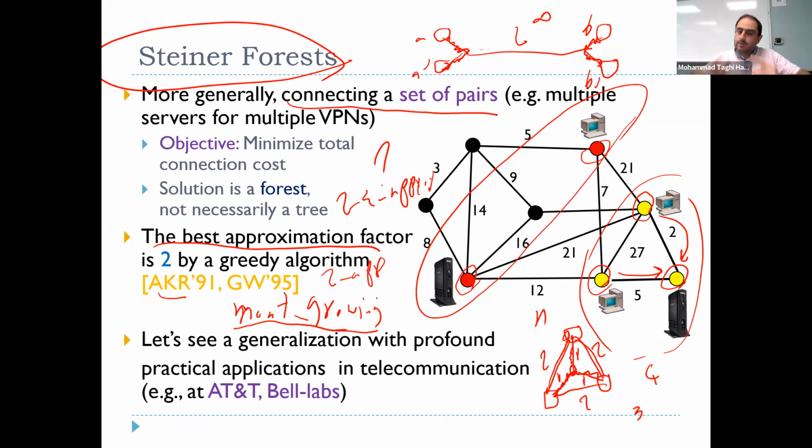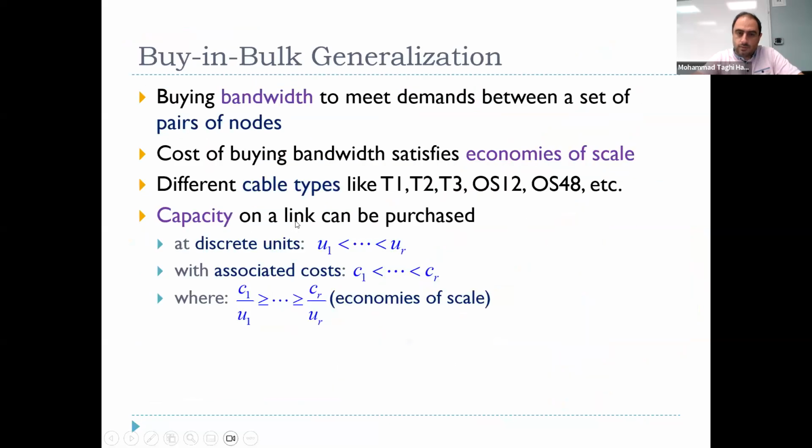And that's the view that I want to go into more, because this kind of buy-at-bulk network design is a very general set of things which are very interesting in network design. So this is the buy-at-bulk generalization.